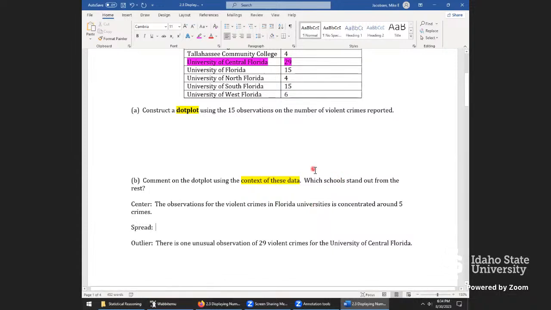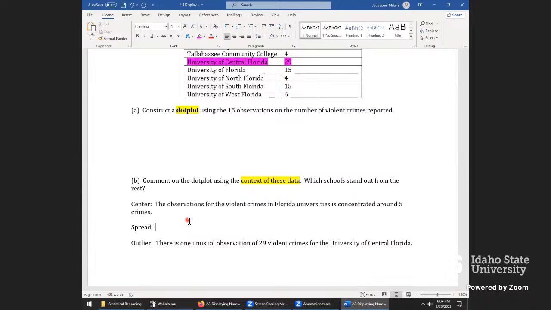Spread is something we're going to calculate later on, and we're going to see it done in a couple ways. We're going to calculate a standard deviation, or maybe our interquartile range. We'll see how all that's going to be done. But if we're doing everything visually, what we mean by spread is essentially just this. From here to here, this is the spread. It ranges from 0 violent crimes to 29 violent crimes.